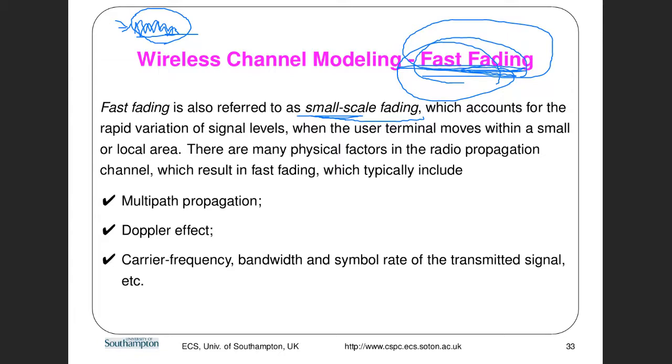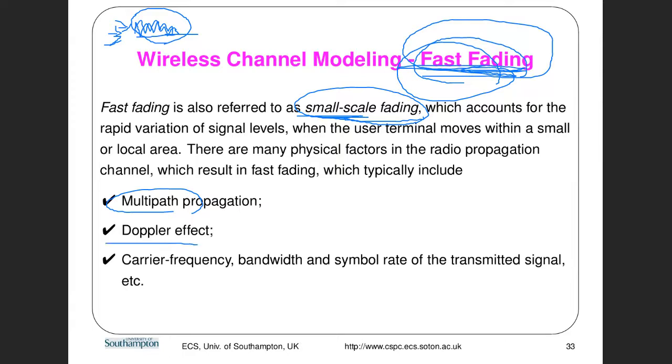So small scale fading is determined by the multipath effect. Multipath is when you have multiple signals arriving at a receiver, and they are added together. That's the multipath effect.